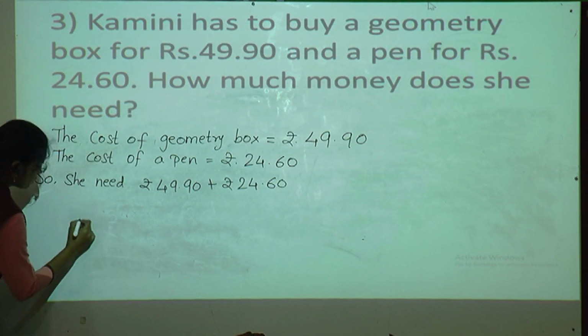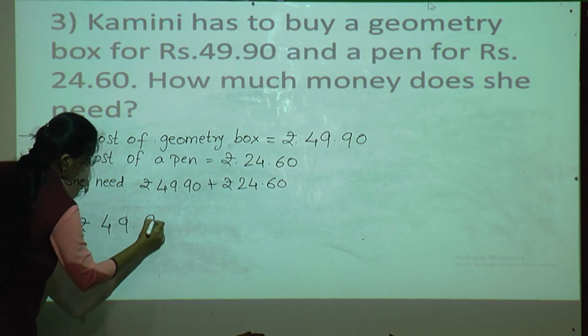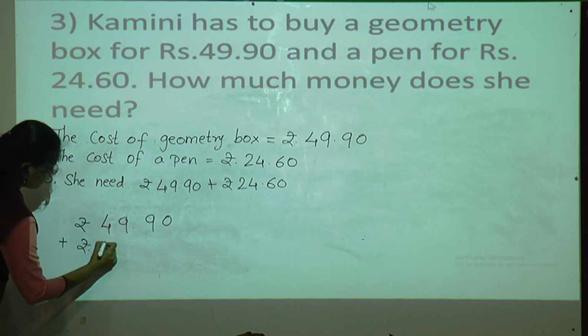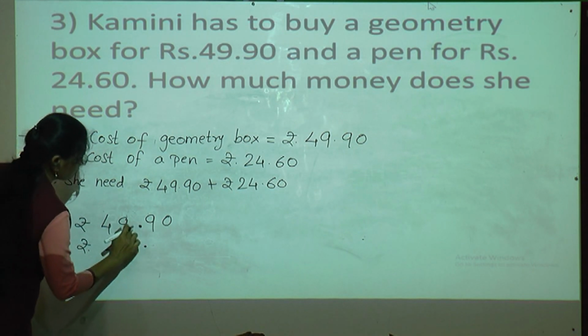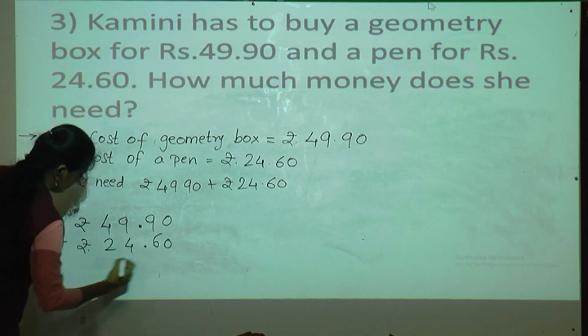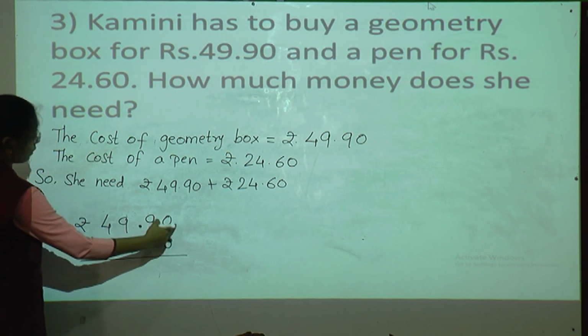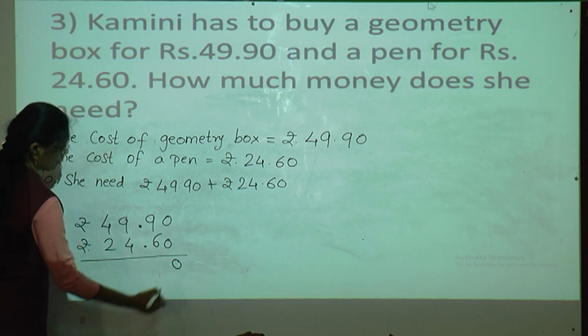So let us do the addition. Rupees 49.90 plus rupees 24.60. Now do the addition. 0 plus 0. See here, from the right side only we have to do the addition. 0 plus 0, 0.